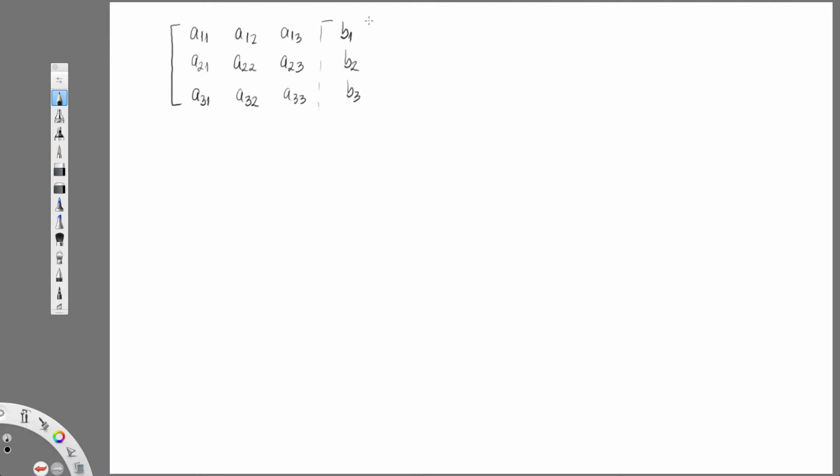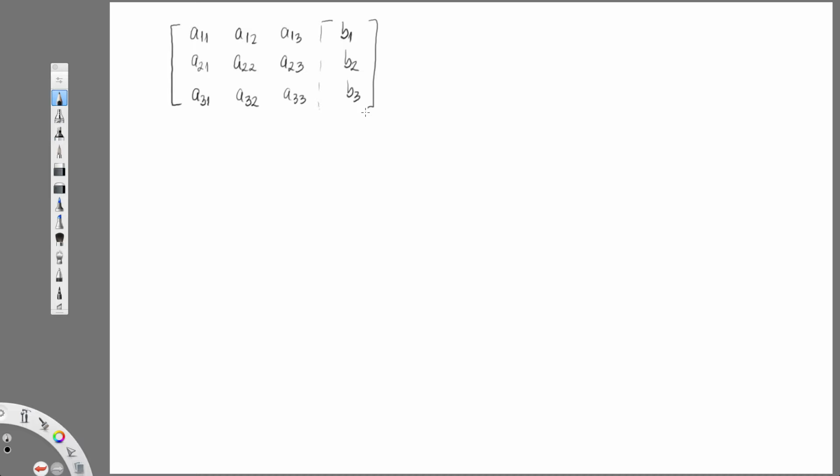So if I had some general system in the form A11, A12, A13, and B1 on the other side, then A21, A22, A23, and B2, and A31, A32, A33, and B3. I'm now trying to identify some rules.